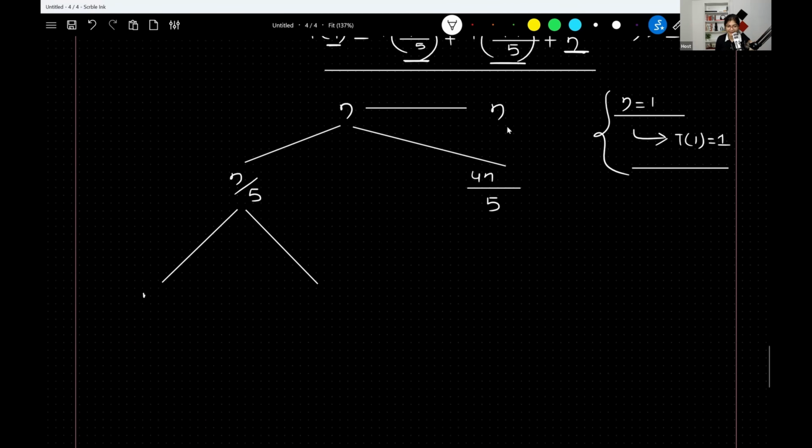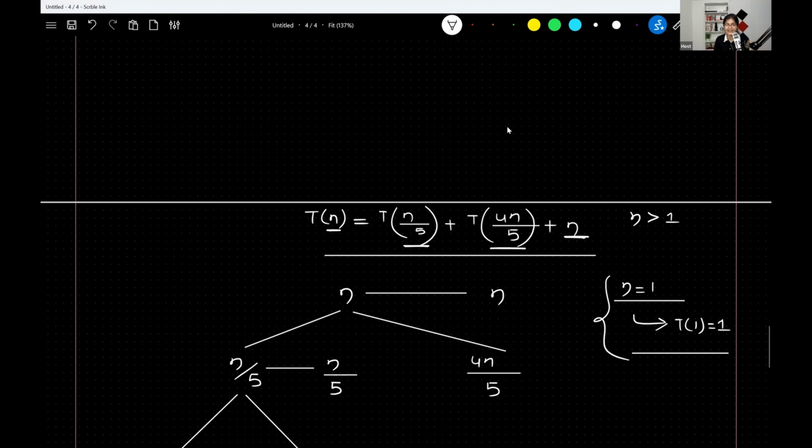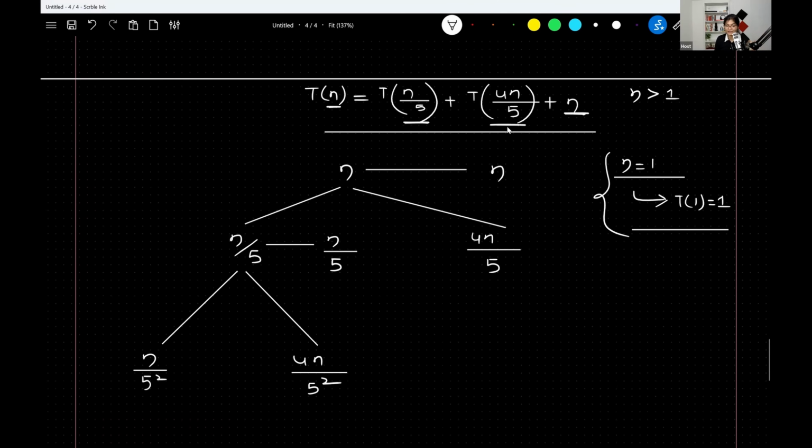What your equation will look like, it will be (n/5)^2 and (4n/5)^2. What is the effort required to do so? It will be n/5 in this case, not n. Because when you're doing a split of n, it is n. When you're doing a split of n/5, it will be n/5. Don't make this mistake. That is the only thing which you have to make sure.